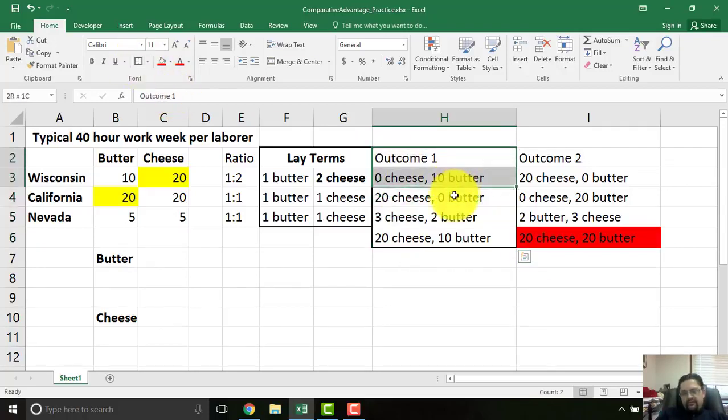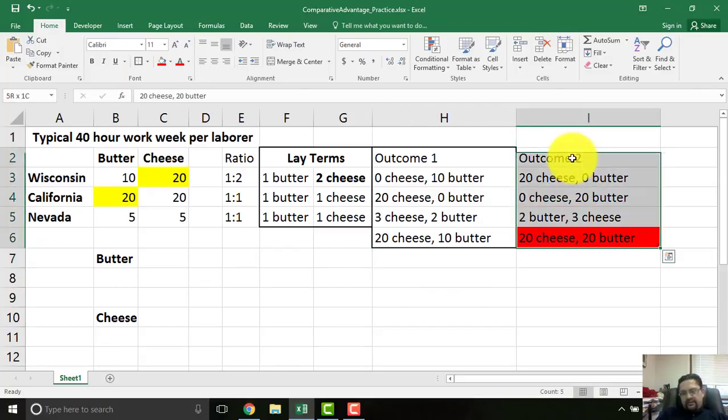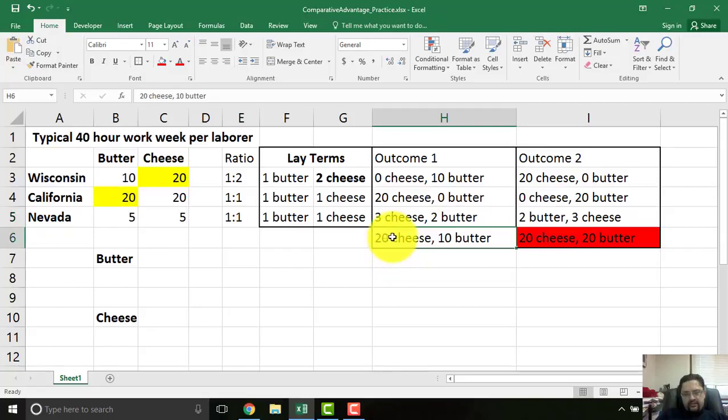If we don't use comparative advantage, we get 20 cheese and 10 butter. If we use comparative advantage, we get 20 and 20, which when you add these up together, it's really 23 cheese and 12 butter, right? And over here it's 23 cheese and 23 butter.